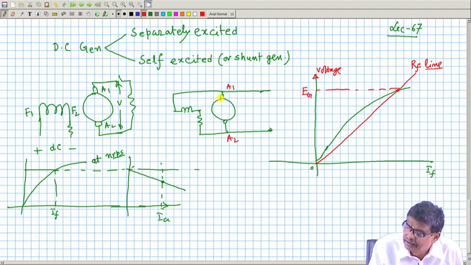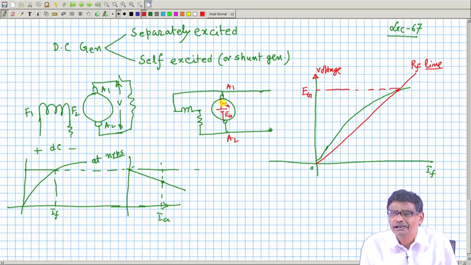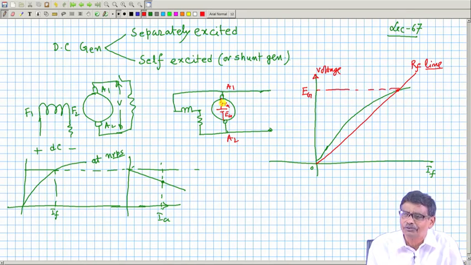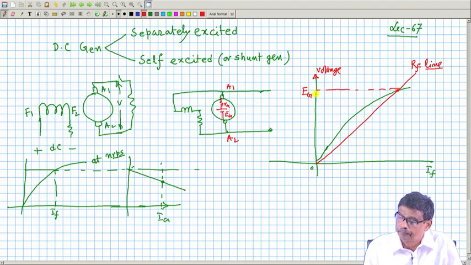To be very frank, this is Ra and here is your Eg. So, Eg minus, with this switch open, it will be minus the field current into Ra, but Ra is very small and If is also very small because the field resistance is very high. So approximately this Eg will come.